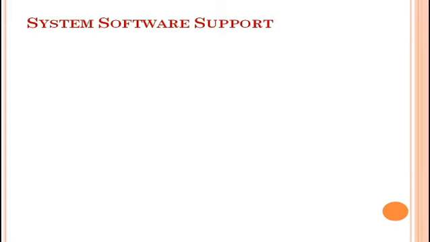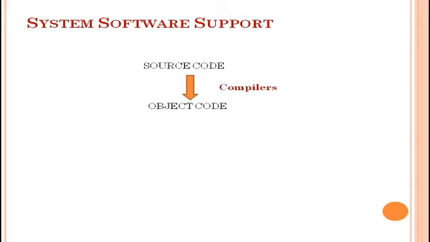So the source code written in high level languages, which may be C++, Java, Python, must be translated into the object code. This object code is understood by the machines, and the conversion of the source code into the object code is done by the compilers.